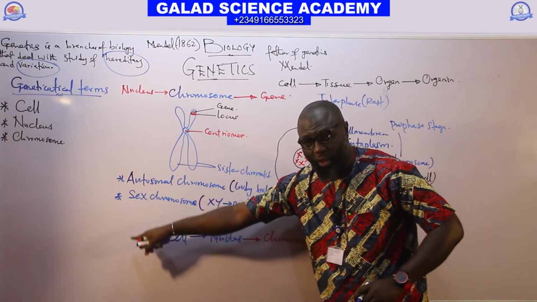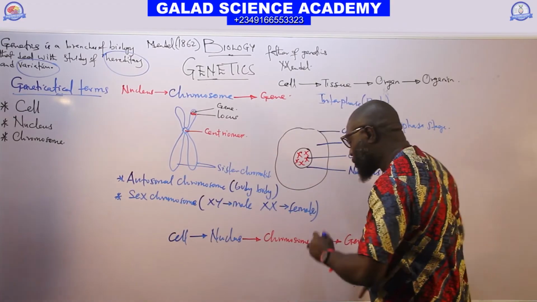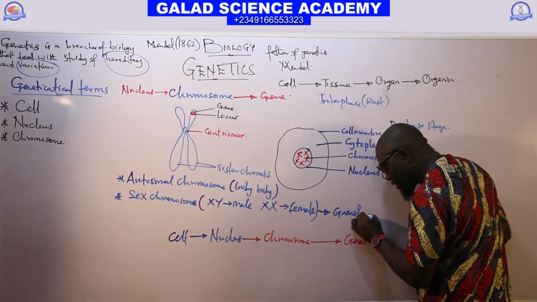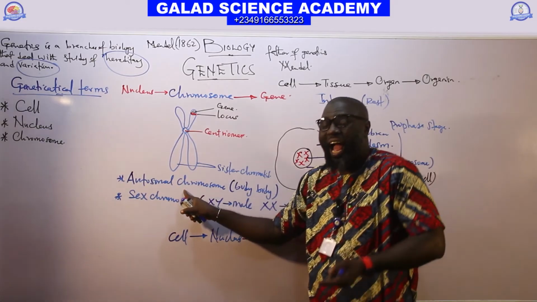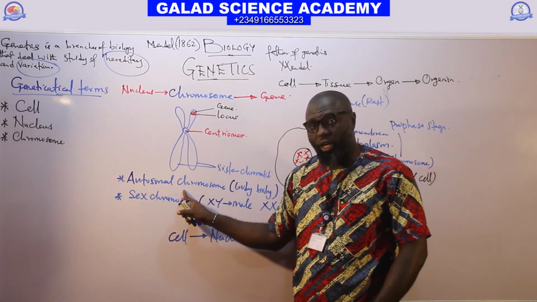And the sex chromosomes are related to gametes, reproductive gametes, whereas autosomal chromosomes are related to the body of an organism.